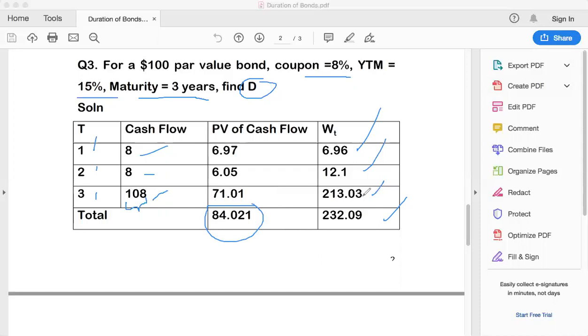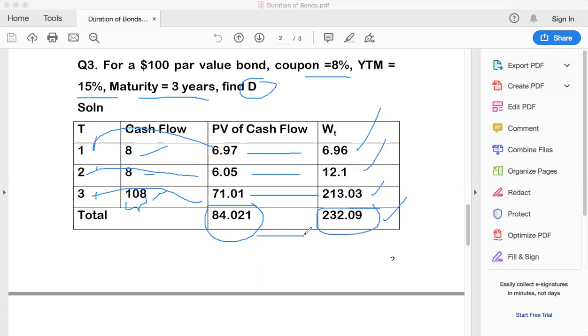But when you multiply with the weights, for example, you multiply 1 with 6.97, you get this. When you multiply 2 with 6.05, you get this. When you multiply 3 with 71.1, you get this. And when you sum it up, what you get is the weighted value of all the cash flows in present.